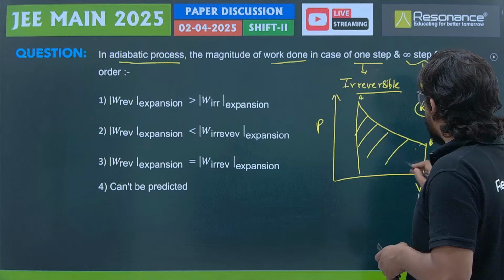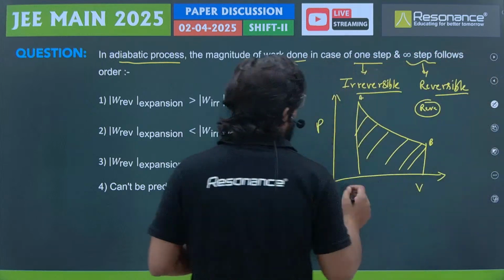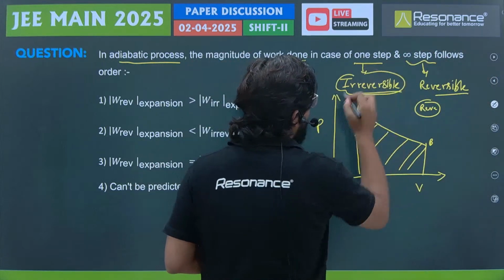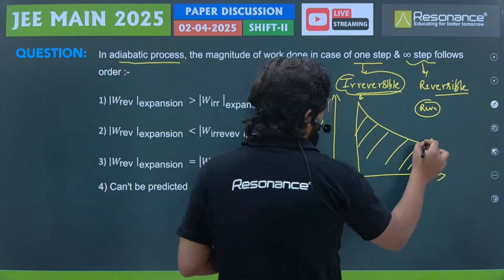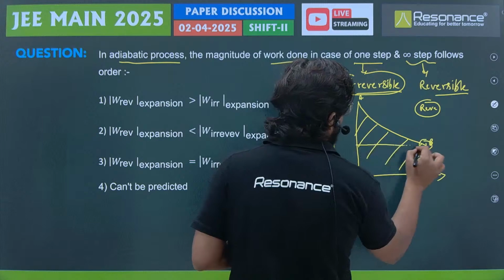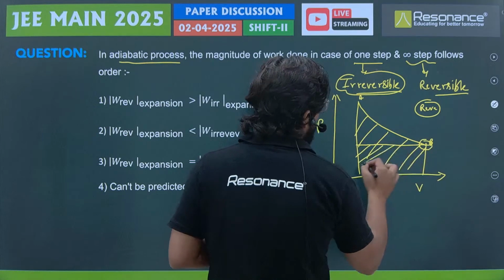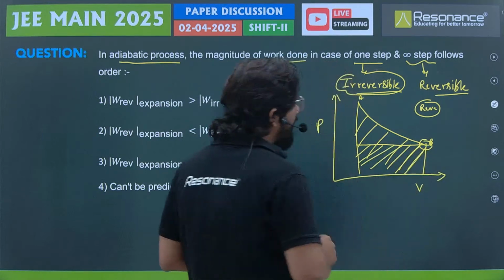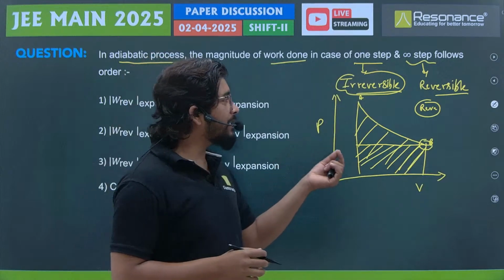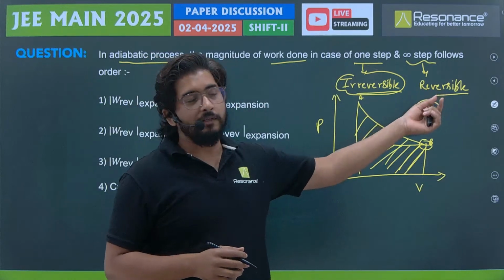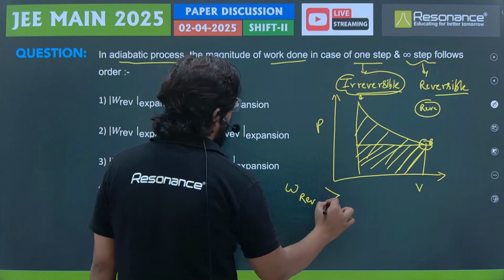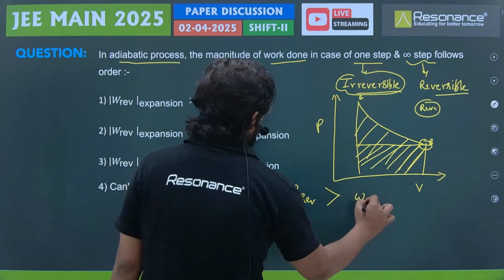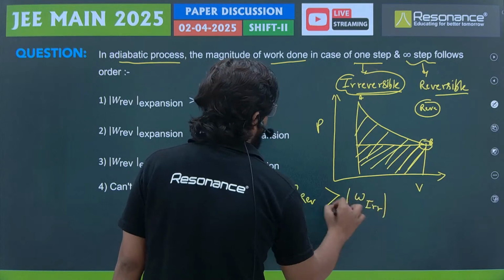Now if we take the irreversible case, we take the final pressure, and the final pressure is this B. So this is the area under the curve, and the area under the curve in the case of irreversible is less than reversible. So we can say work done in reversible is greater than work done in irreversible, which is for expansion.